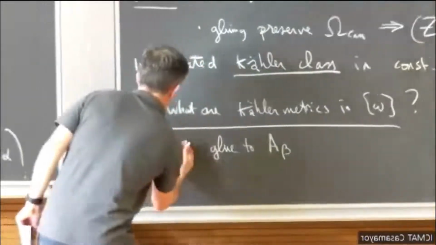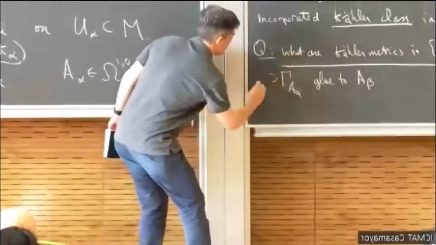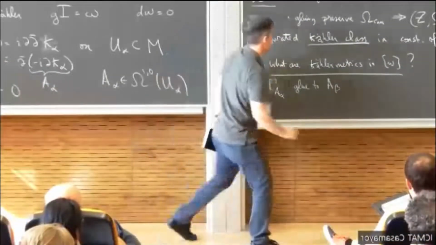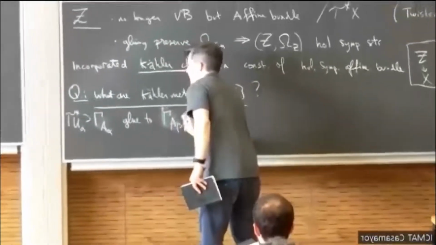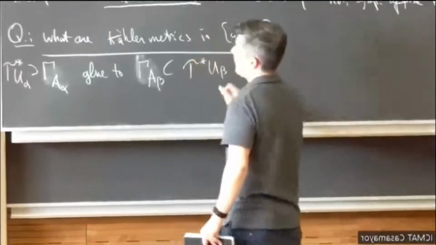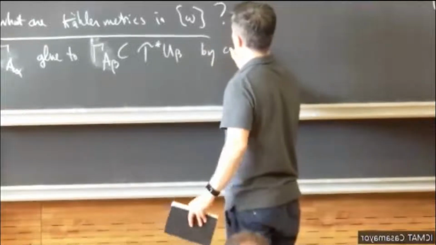So what I mean is that if I look at the graph of A alpha inside the holomorphic cotangent bundle of U alpha, and if I look at the graph of A beta inside the holomorphic cotangent of U beta, one is glued to the other by this map, by the construction.